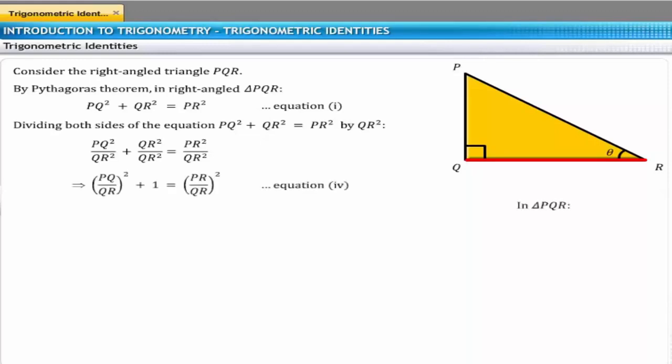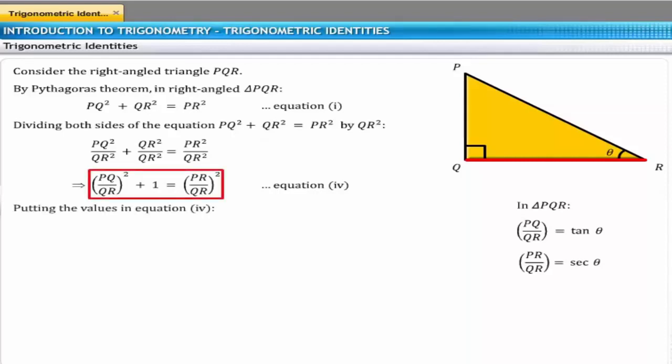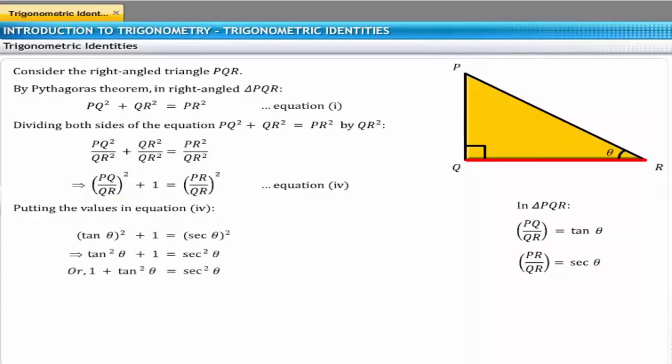Now, in triangle PQR, the ratio PQ upon QR is equal to tan theta, and the ratio PR upon QR is equal to sec theta. Putting the values of these ratios in equation 4, we get an equation 1 plus tan square theta is equal to sec square theta.